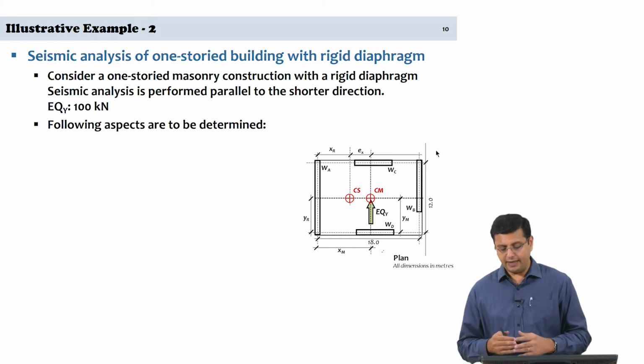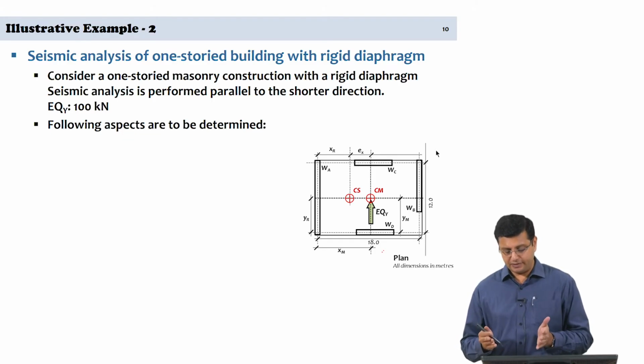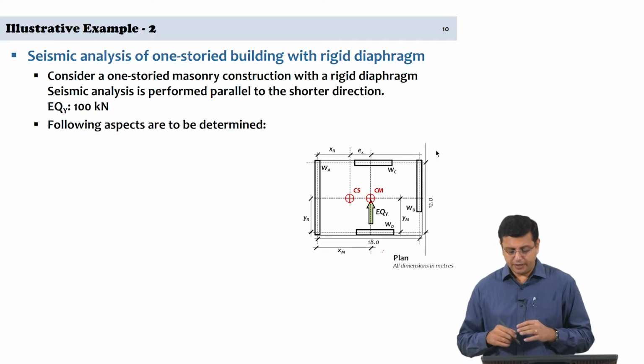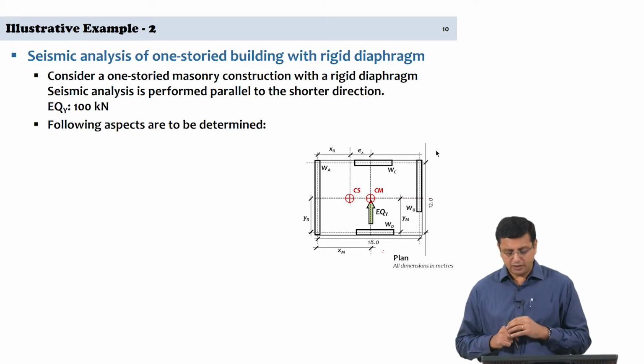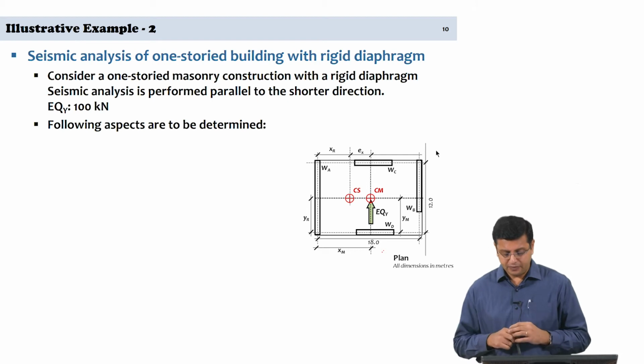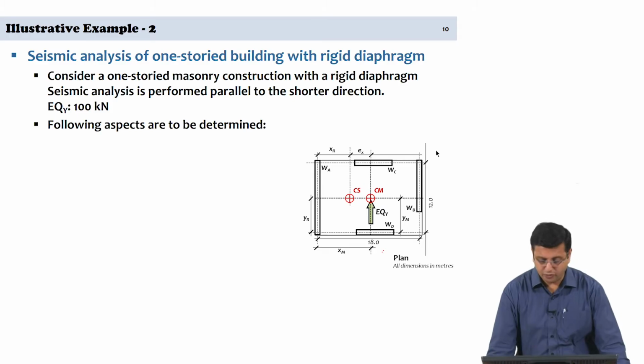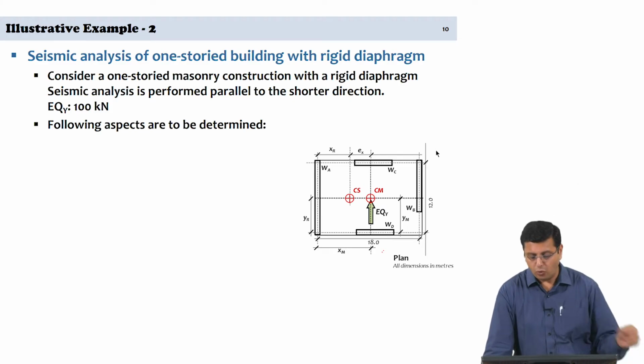You can see that there is no symmetry in one direction, whereas there is symmetry in the y direction. We will use this example to estimate what the eccentricity is, and then from the eccentricity arrive at what the design forces are going to be to the walls in the in plane direction.